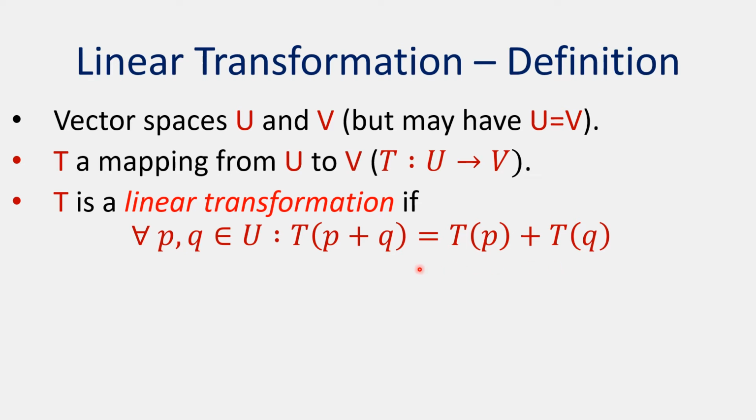Recall that one of the properties of vector space is that the result of adding any two vectors inside it is another vector in that vector space.